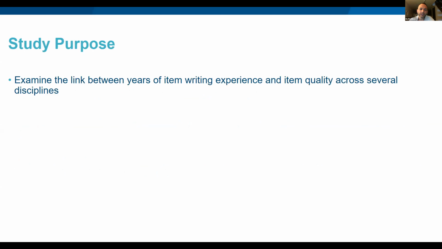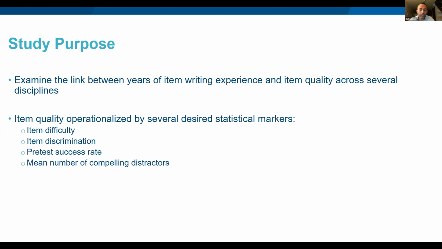So the purpose of our study was to examine this exact link between years of item writing experience and item quality across several disciplines in the medical field. We operationalized item quality using 4 desirable statistical markers: item difficulty, item discrimination, pretest success rate, and mean number of compelling distractors.